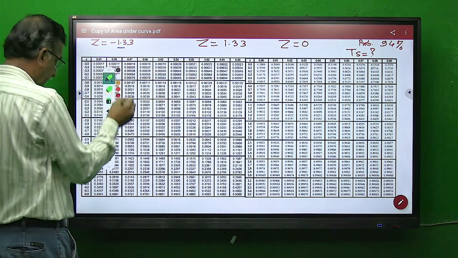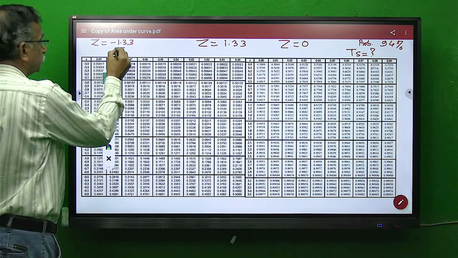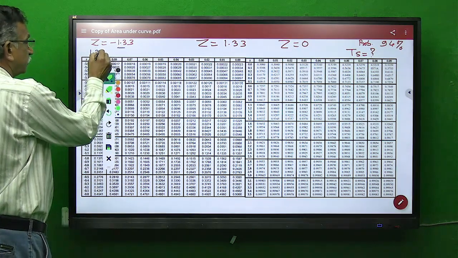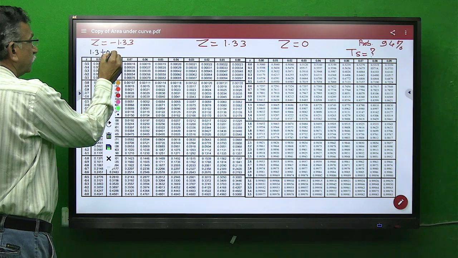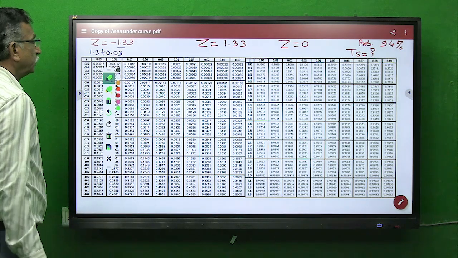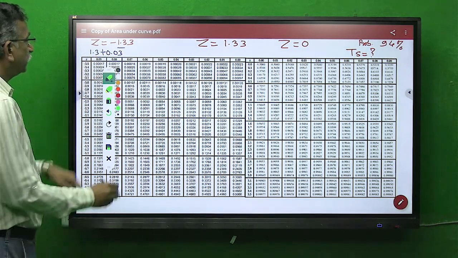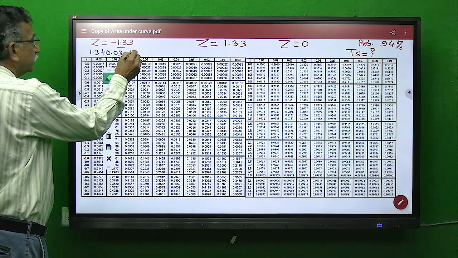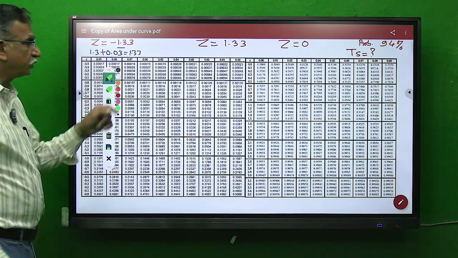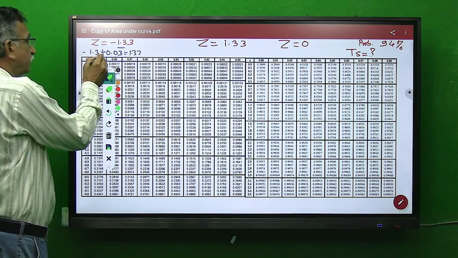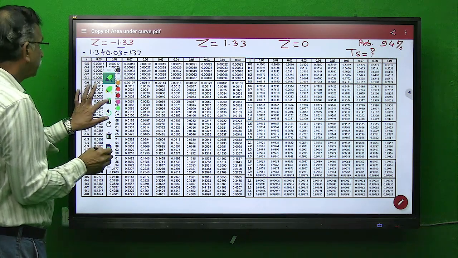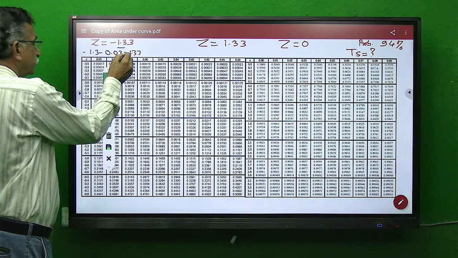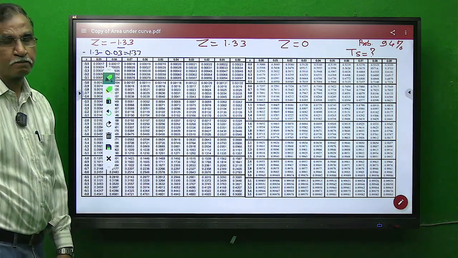Suppose I take one value as 1.3, so here 1.3 is one value, and the other value is 0.03. So see, sum of this 1.3 and 0.03 yields me 1.33. Of course it is with minus sign, so this will be also minus, and this will be minus. Got it?